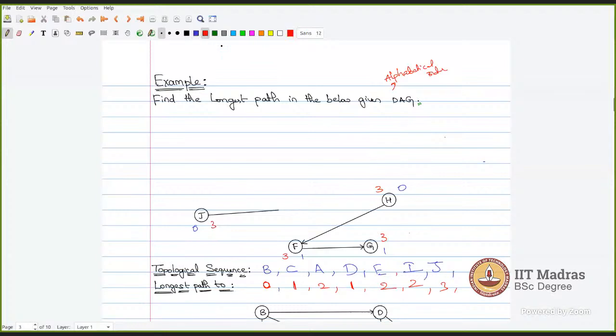And the longest path to H will be max of the earlier value 3 or 1 plus the longest path to J, which is 3. So max of 3 comma 4, which will be 4. You see how the longest path to H is being updated. Initially it is 2, after that it went to 3, and now it is 4. So we remove J.